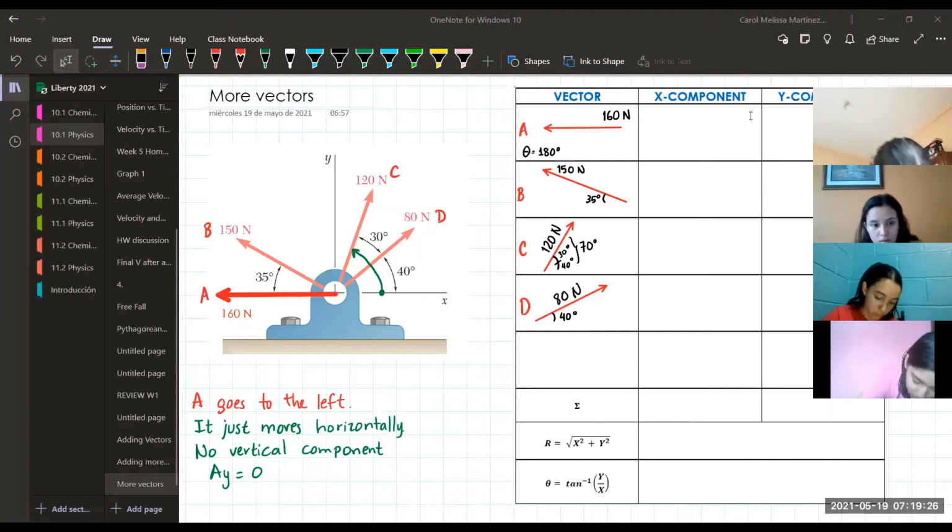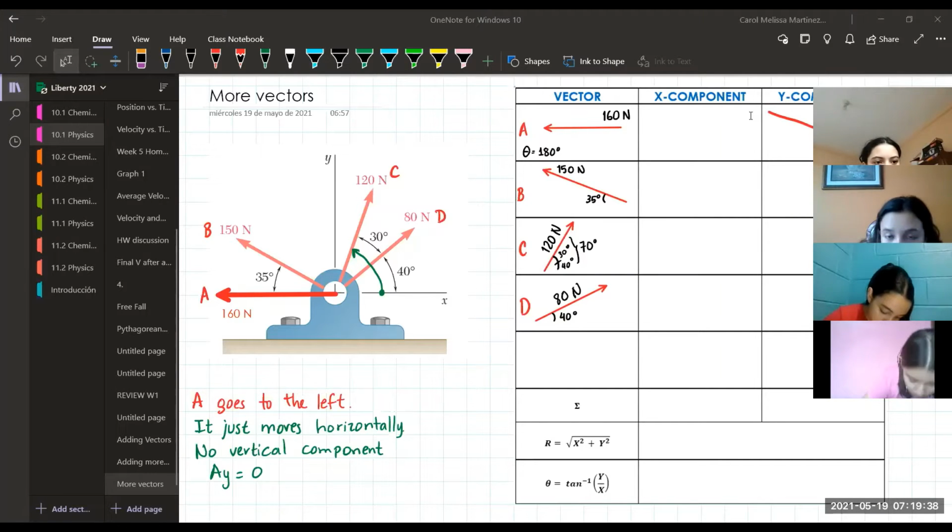Now, the vector A is moving to the left, okay? That's something that we know so far. So the y component, we don't need to calculate because we already know that the vertical component is 0, so you don't need to do it.